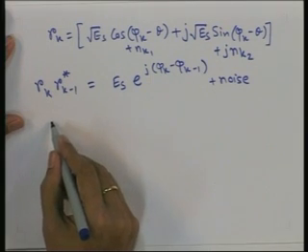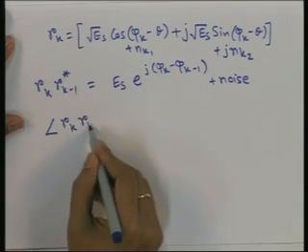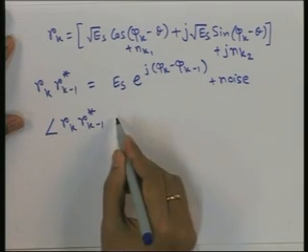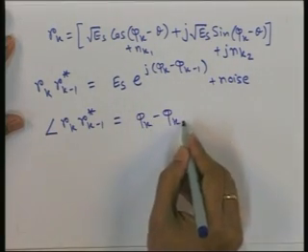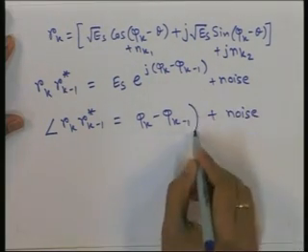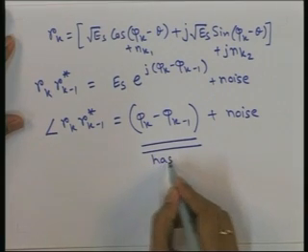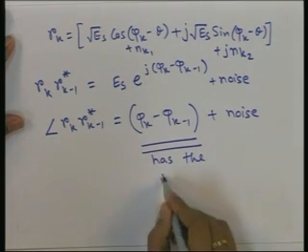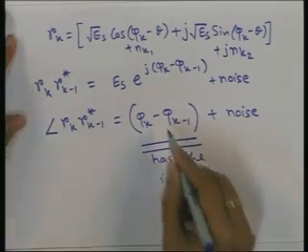So, if you now take the phase of this, it will be phi k minus phi k minus 1, and plus some noise component will be there. So, this part has the information. From here we can find the information.